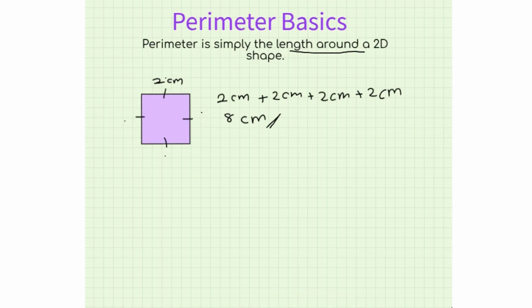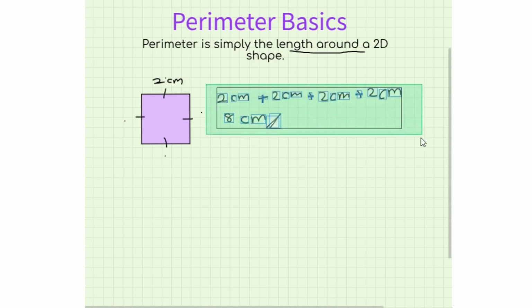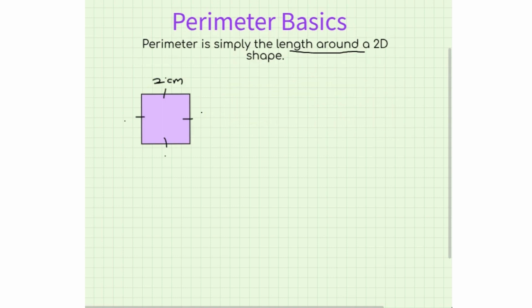So we could simply come up with a formula for this. Instead of doing all that, we can just do this, which is 4 times the length of a side. Okay, now remember, we got 8 centimeters as our answer when we did 2 plus 2 plus 2 plus 2.